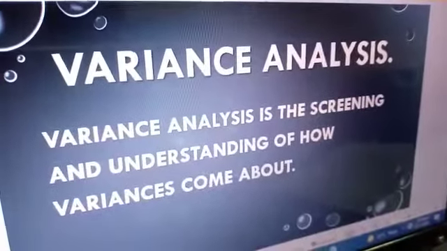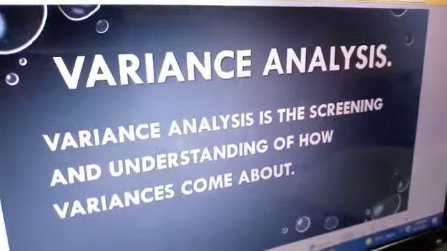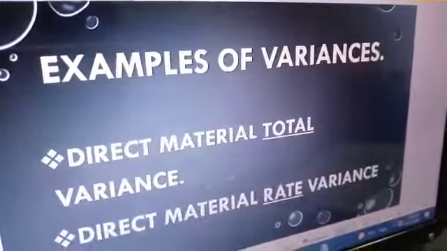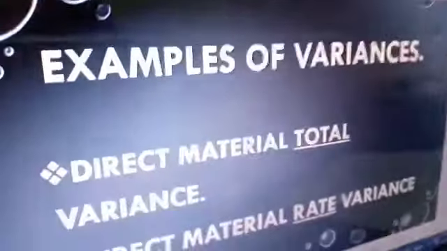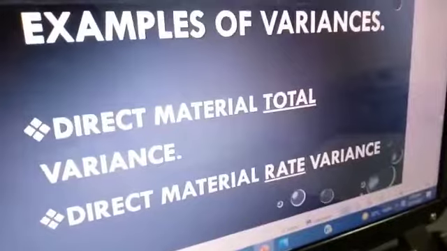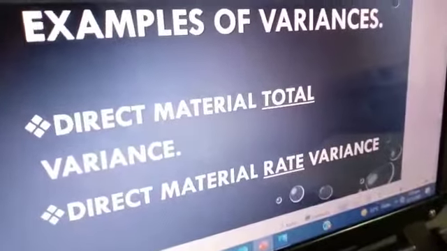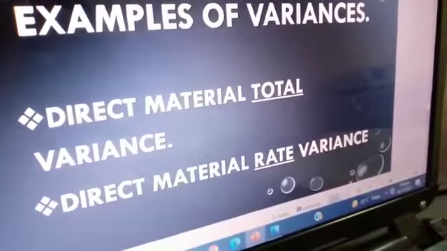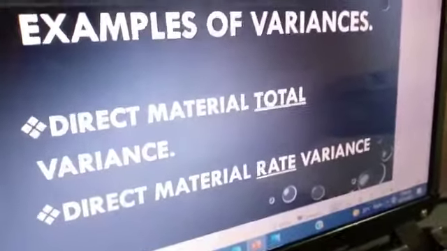Variance analysis is the screening or the comparison of the budgeted and the actual, and why they arise. It's very important to understand why variances arise. There are many ways in which you can execute variances. For example, direct material total variance can be calculated, and direct material rate variance.